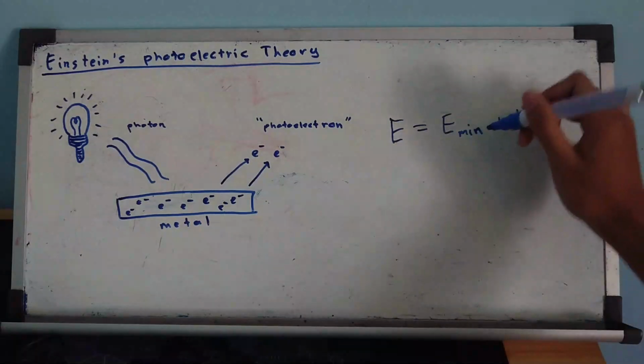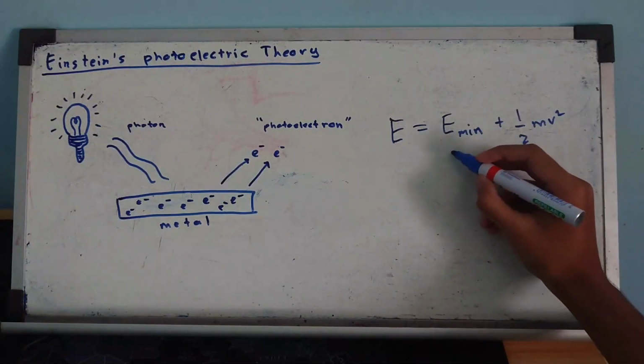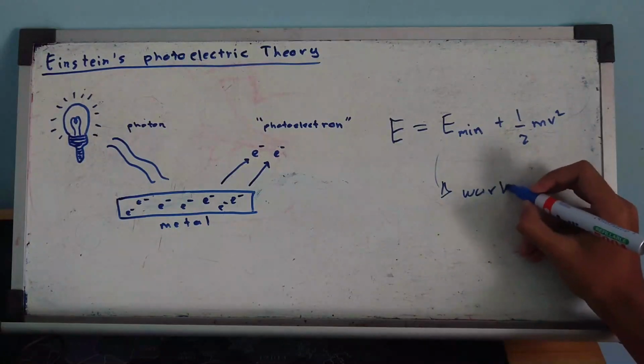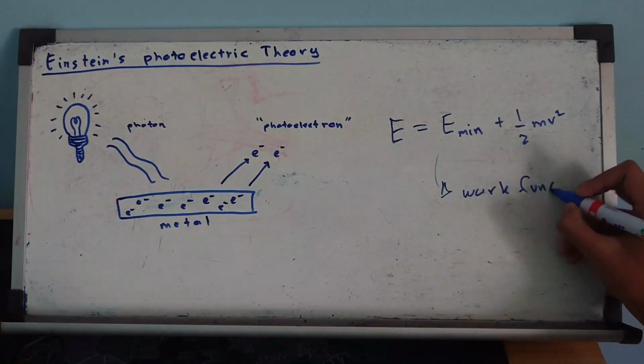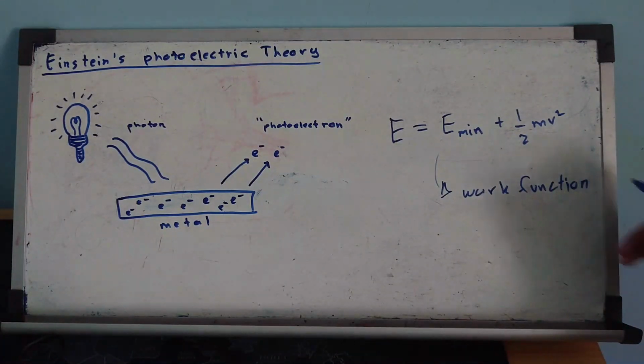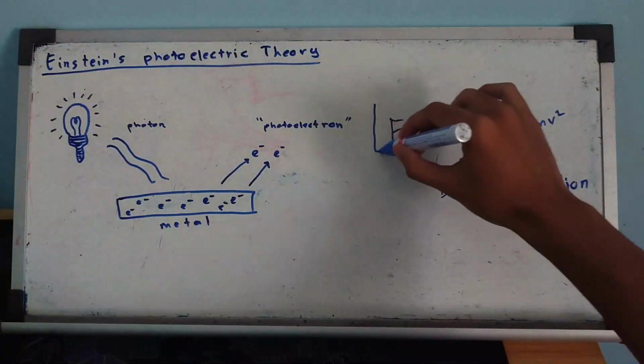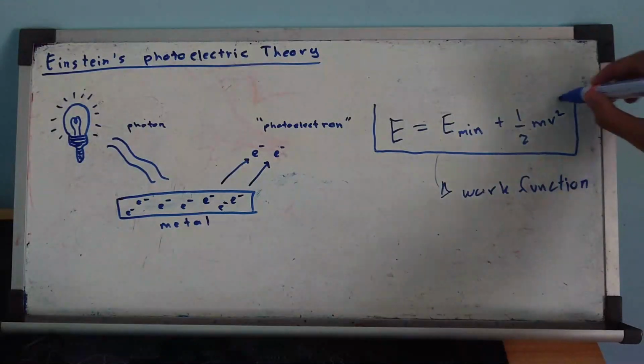The minimum energy required to release the electron is called the work function. So this is the formula that Einstein came up with from the theory.